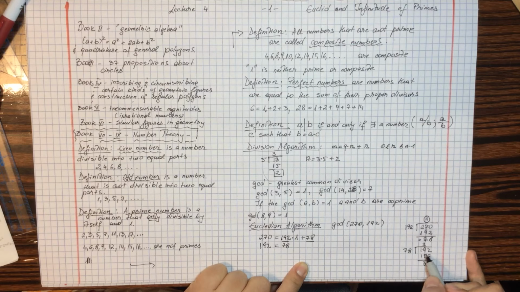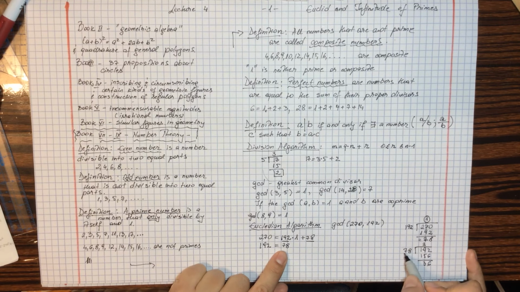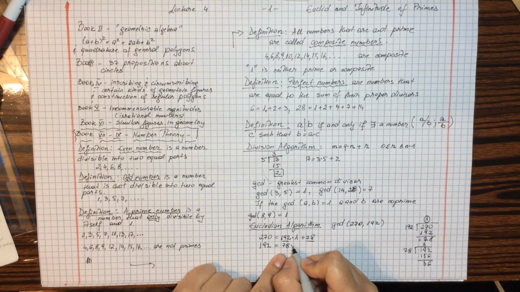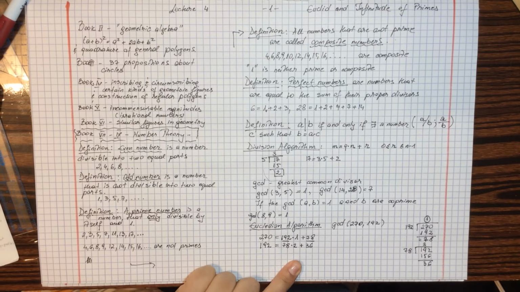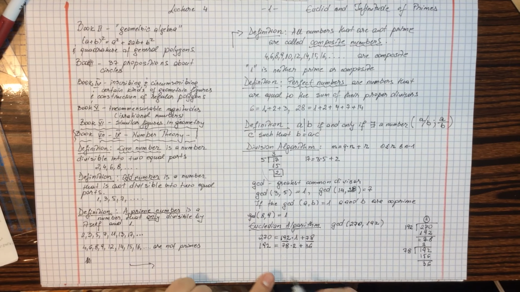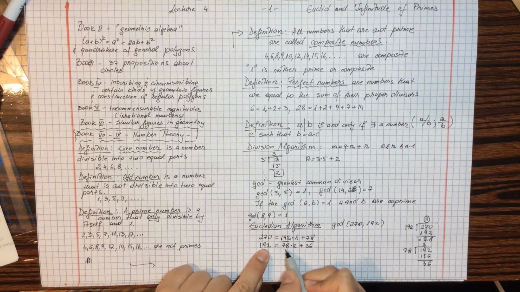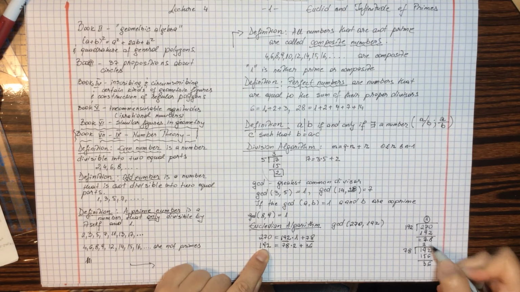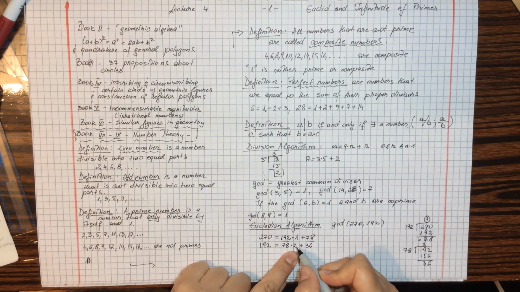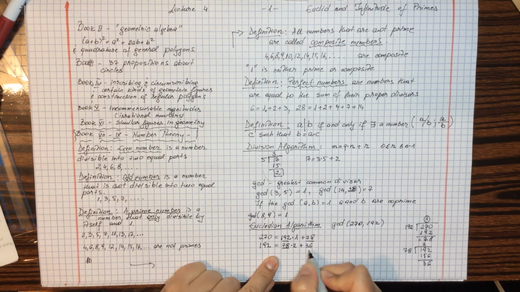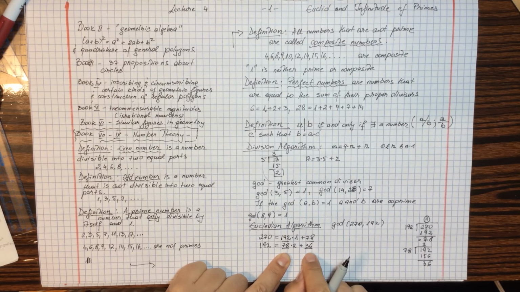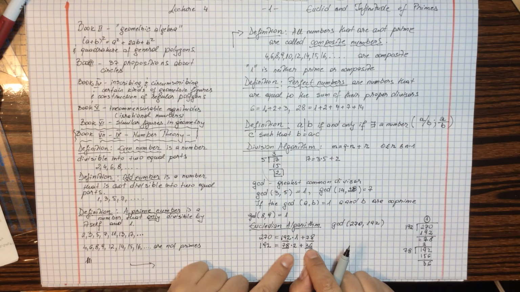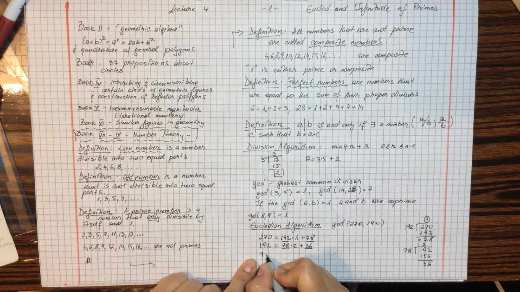So now you write 192 equals 78 times 2, the quotient, plus the remainder 36. We divided 192 by 78. 2, I repeat, is the quotient. In this step, you leave the 2 alone, and then you repeat the division algorithm with these two numbers, 78 and 36. Obviously, 36 is less than 78, so we are going to divide 78 by 36 and see if there is a remainder.